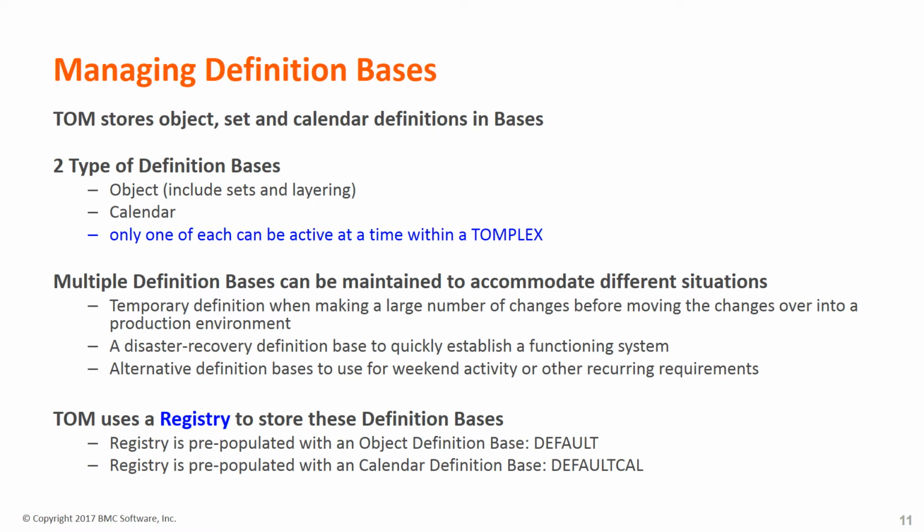TOM uses a registry to store these definition bases, and by default, when you implement TOM, you will have two. For the object definition base, you'll have one called default, and for the calendar definition base, you'll have one called default cal.